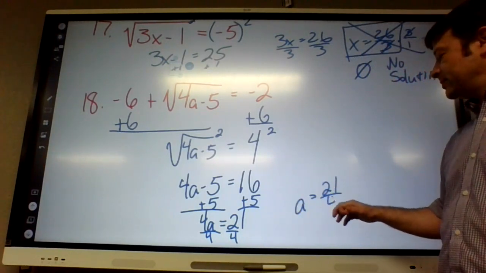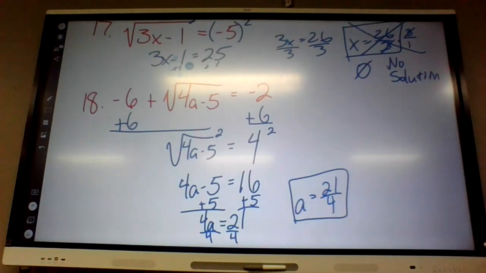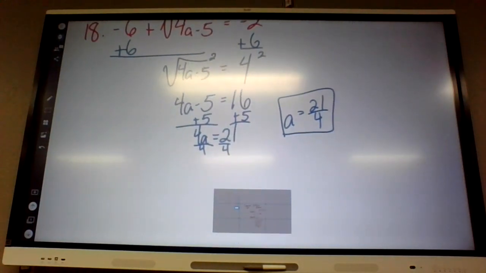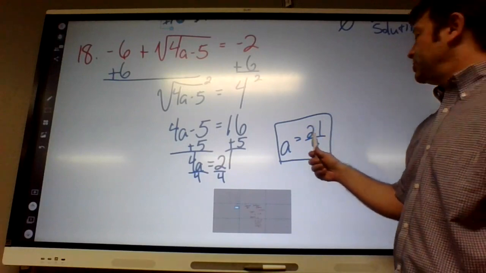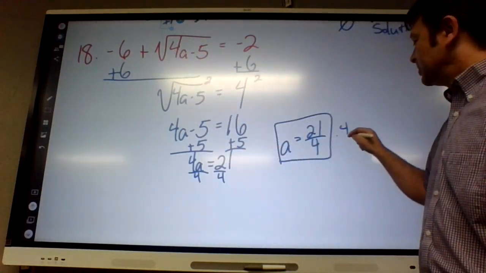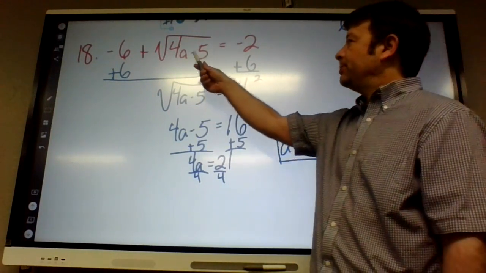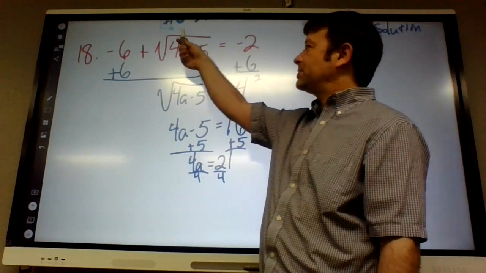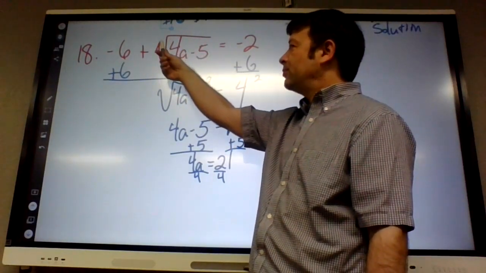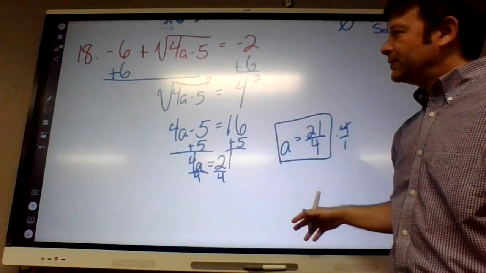Probably on the test, one of these will actually be a whole number or integer. But maybe not. How are we gonna check it? Okay, if we check it, what's 21 over 4 times 4? 21, right? The 4's cancel out. So 21 minus 5 is 16. Square root of 16 is 4 plus -6, -2.